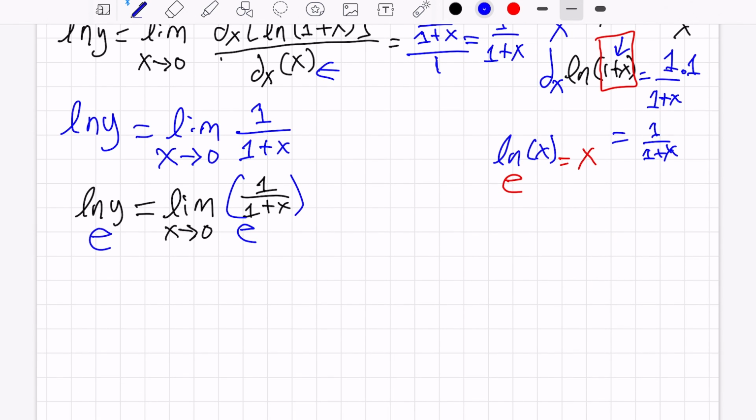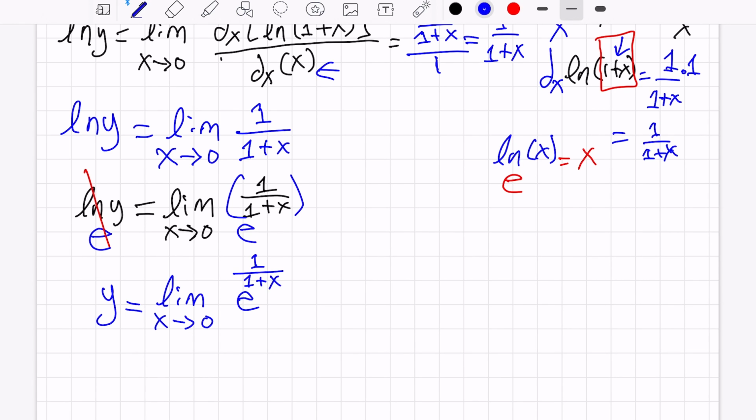If we continue, we get a cancellation of ln and e, and we get y equals the limit as x approaches 0 of e raised to the 1 over (1 + x).